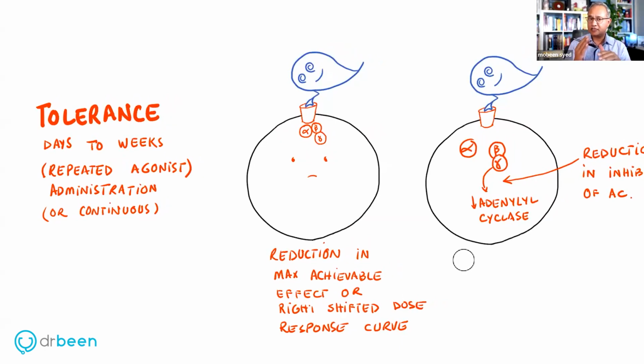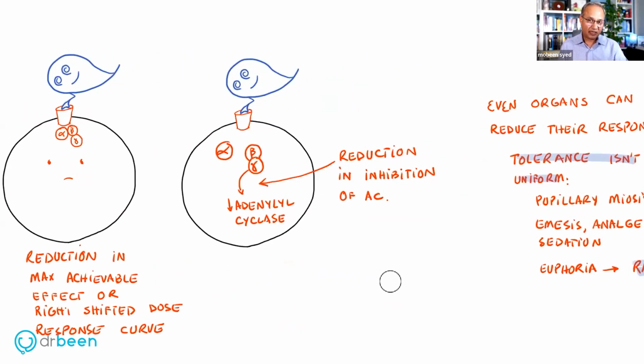Then you would say that this happens within days to weeks. And the mechanism is that body starts producing, as a counter-regulatory mechanism, more cyclic AMP enzymes that try to resist the suppression of cyclic AMP by opioids. This is also the reason that we might get bounce back effects.